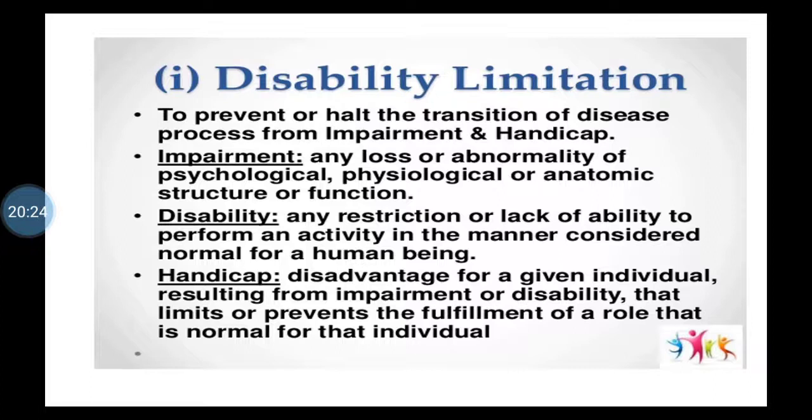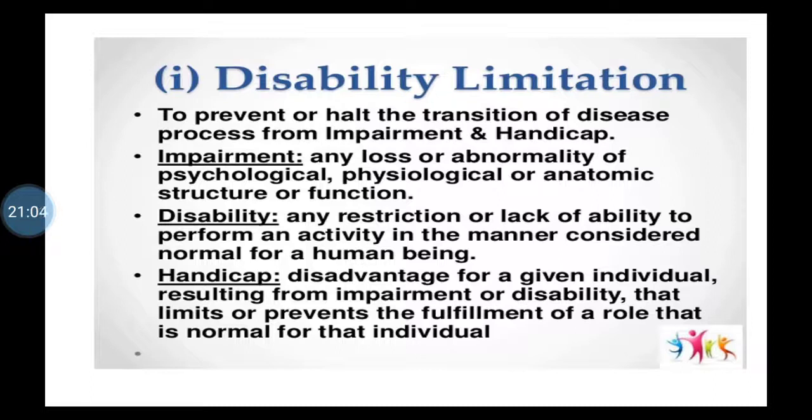Now, to prevent or halt the transition of disease process from impairment to handicap, isn't it? Impairment means any loss or abnormality of psychological, physiological, or anatomic structure or function. So, when impairment is prevented, then disability, that is any restriction or lack of ability to perform activity in the manner considered normal for a human being.